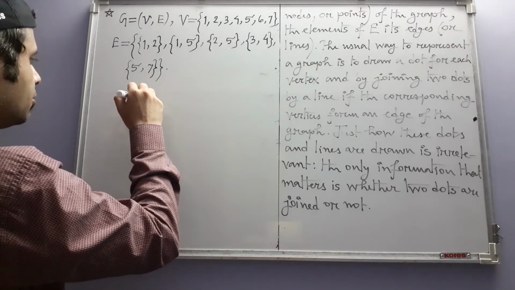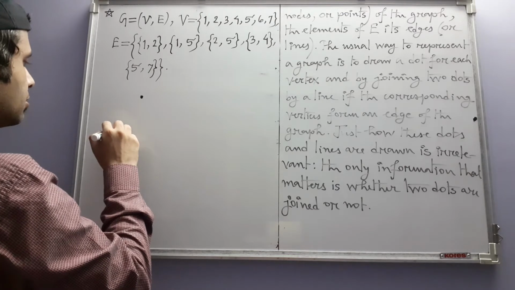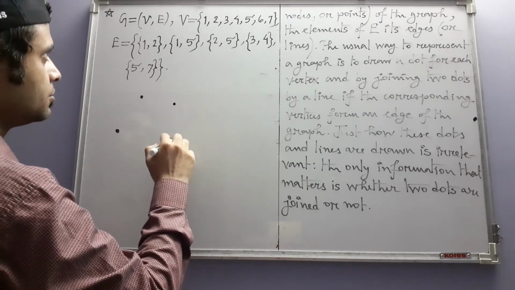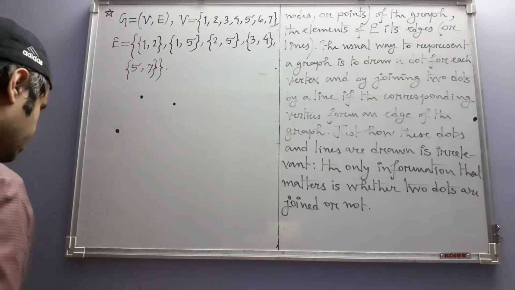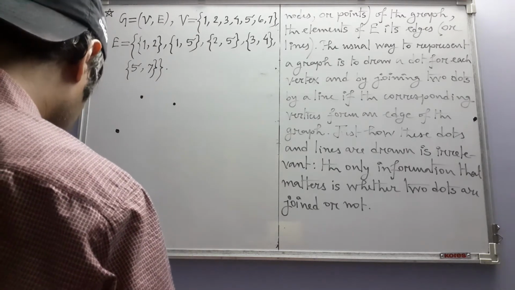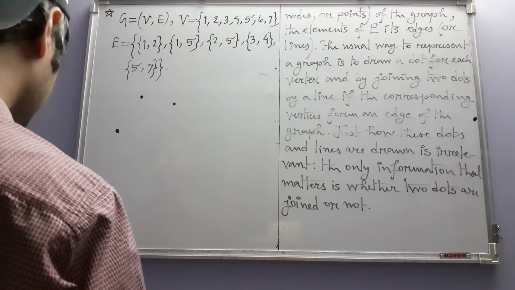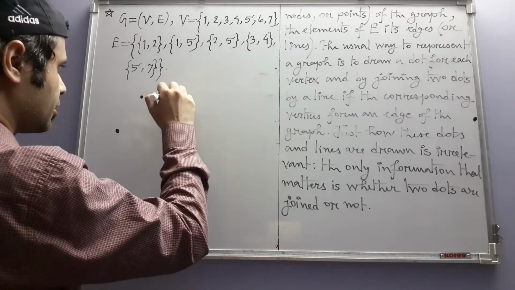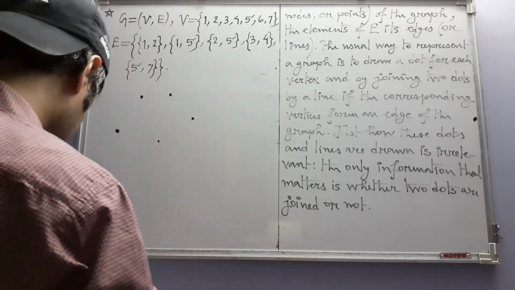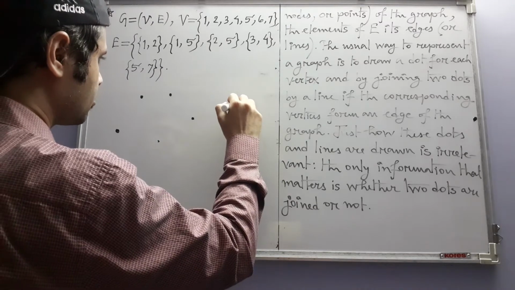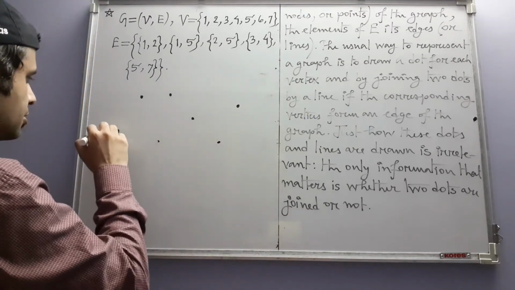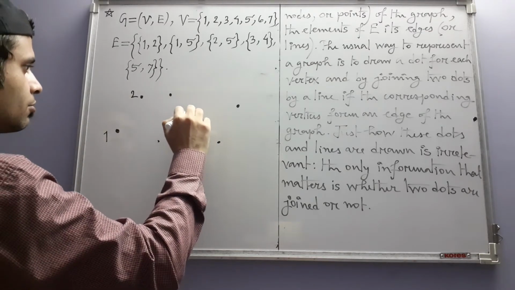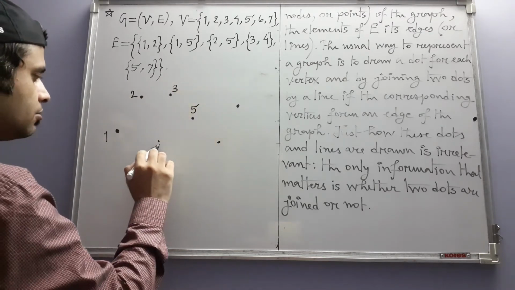So say we draw like this: 1, 2, 3, 4. Actually, the author has drawn things in a particular way to show some aspects of graph. So let me just draw exactly like he has drawn. So these are 1, 2, 5, 3, 4.